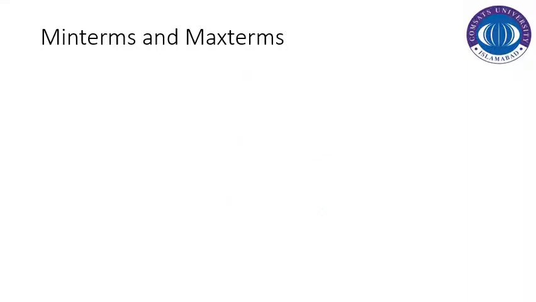So let us assume that we have a system of three variables A, B, and C as the inputs, and let's assume the output is, for example, D, where D is basically a function of A, B, and C.